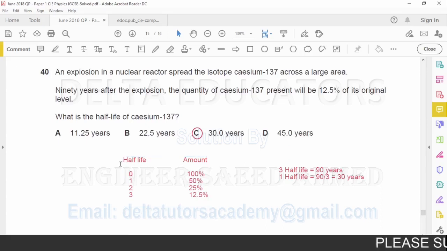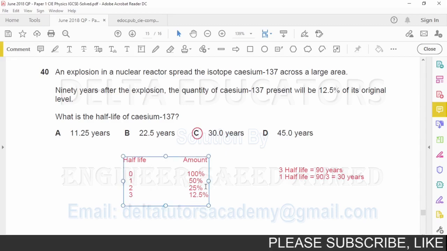In the beginning, there is 100% amount. After one half-life, the amount will be half of this, which is 50%. After the second half-life, the amount will be half of this 50%, which means 25%.